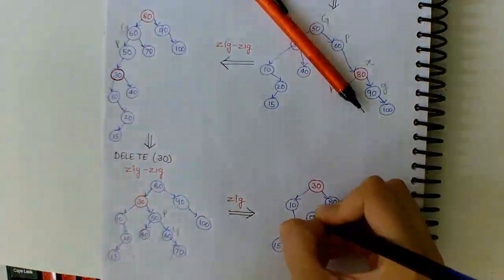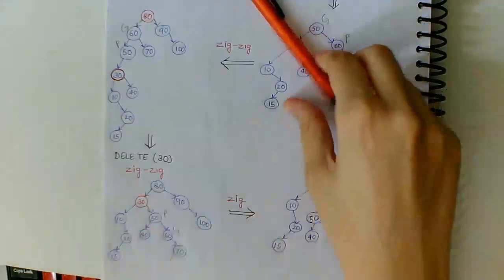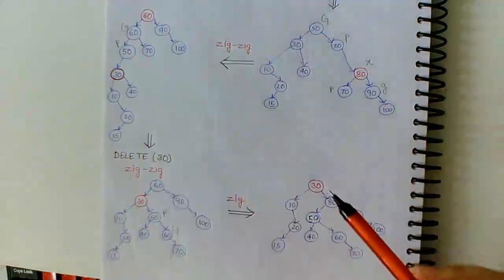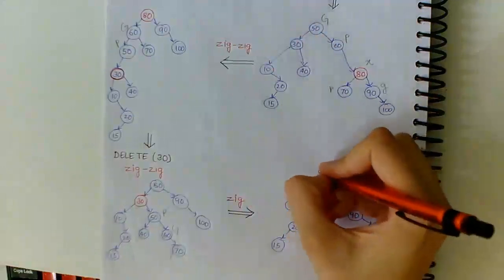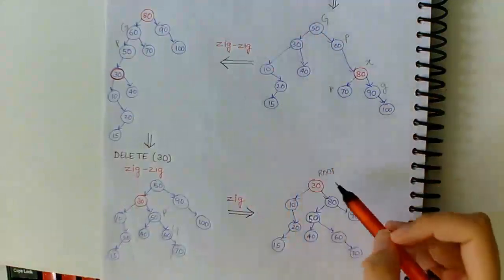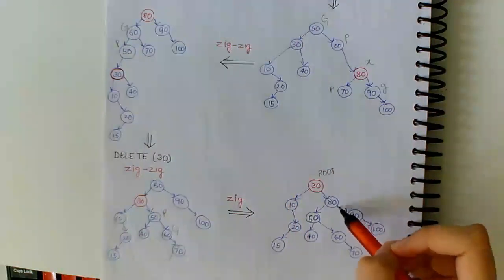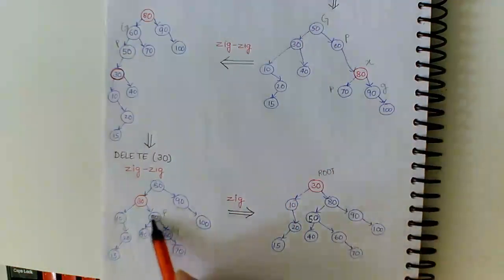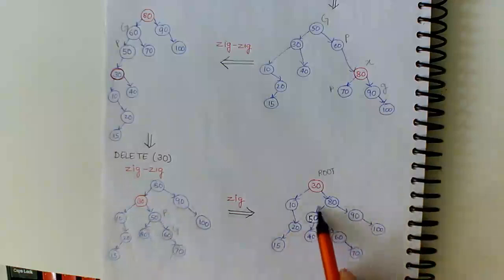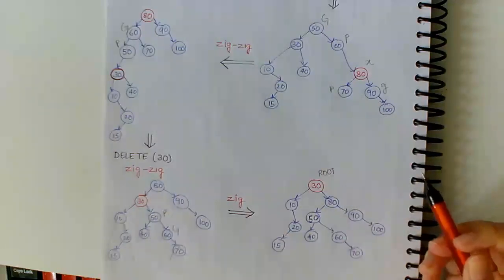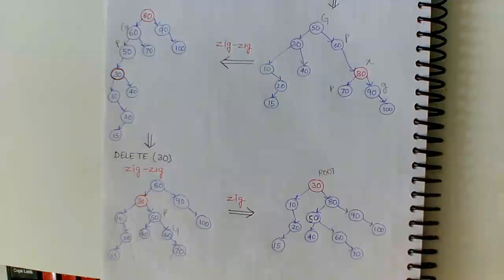Forgot to write here, it's 50. This is 50, yeah. So moving on, after the zig operation, 30 becomes the root, and 80 is replaced as its right child, and the right subtree of 30 becomes the left subtree of 80. We have also seen this before.